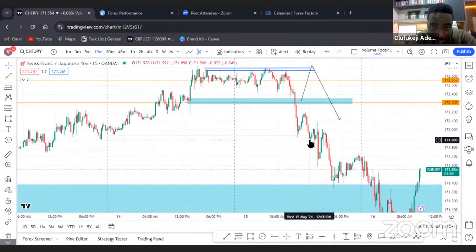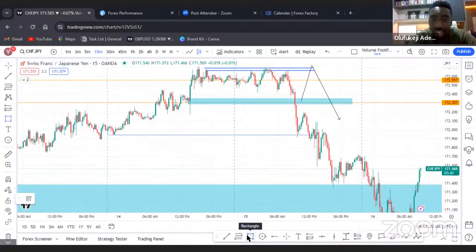Into that fair value gap. That's a shoulder, that's a sweep, that's a break of structure to the downside. So the thing at top that we marked, it didn't happen. Rather, it came down and happened structure to the downside.